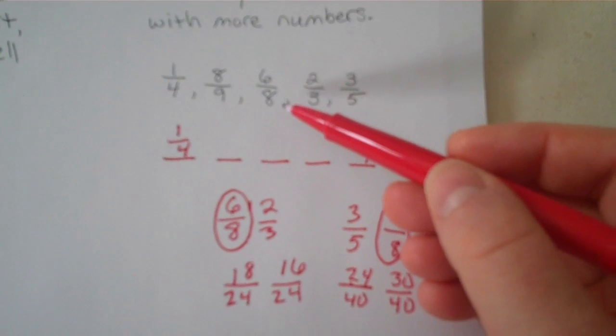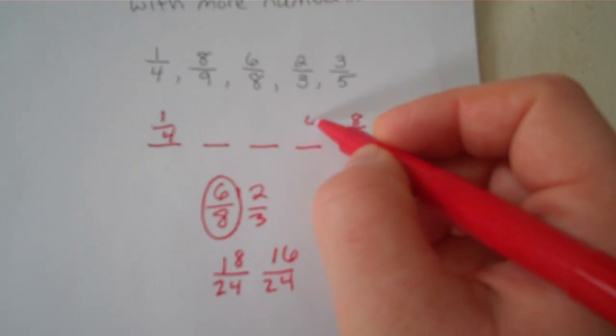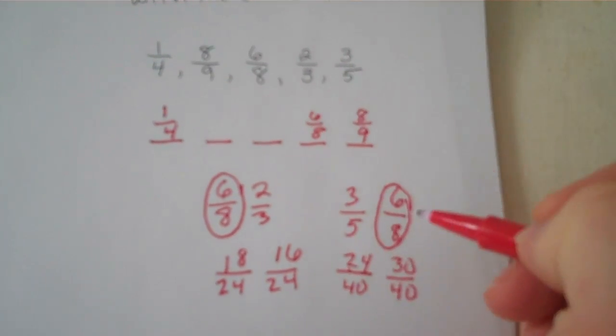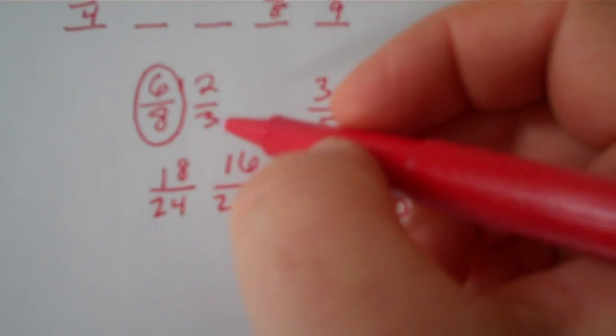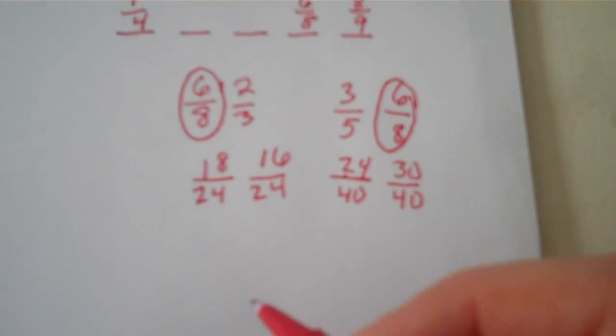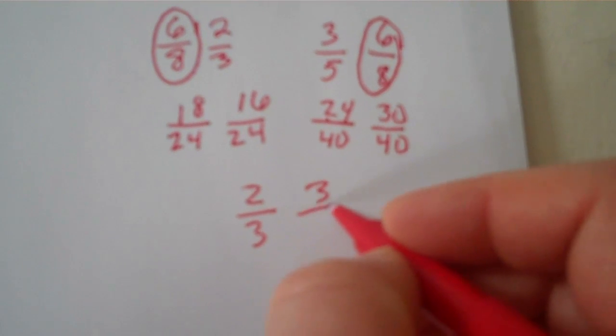Since 6/8 is bigger than either of the other two fractions I have left, I know I can put 6/8 right there. What I don't know yet is which of these two is bigger. I need to compare 2/3 and 3/5.